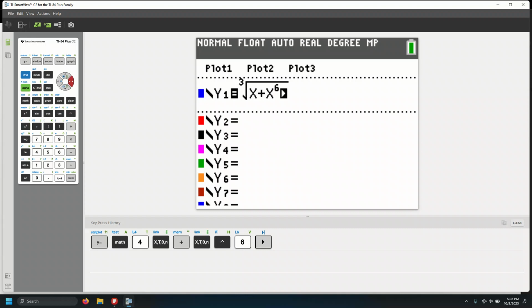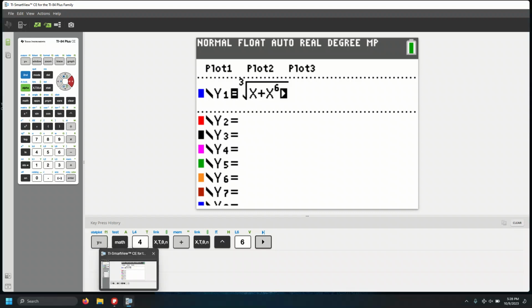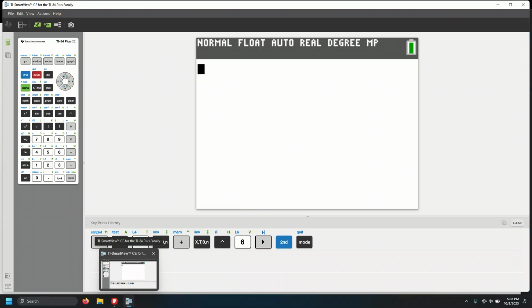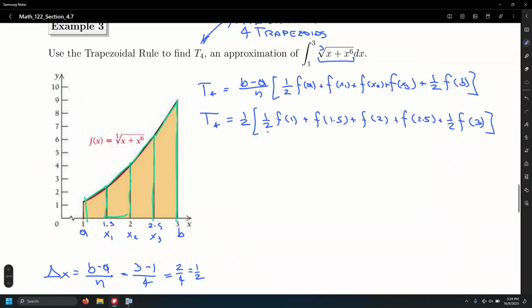So we are going to repeat the same process we did for the previous examples. Let me second quit to the calculation. Again, what I would like to do is do all this calculation using the calculator. Notice in this case we're using the letter F for the function.